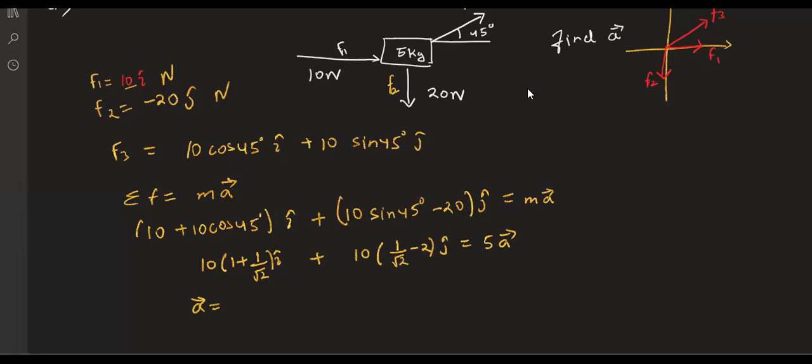Force is only in the x and y axes, not in the z axis. So just divide everything by 5: a is 2 times (1 plus 1 by root 2) i cap plus 2 times (1 by root 2 minus 2) j cap. You can simplify this also, but that is just normal calculation, right?